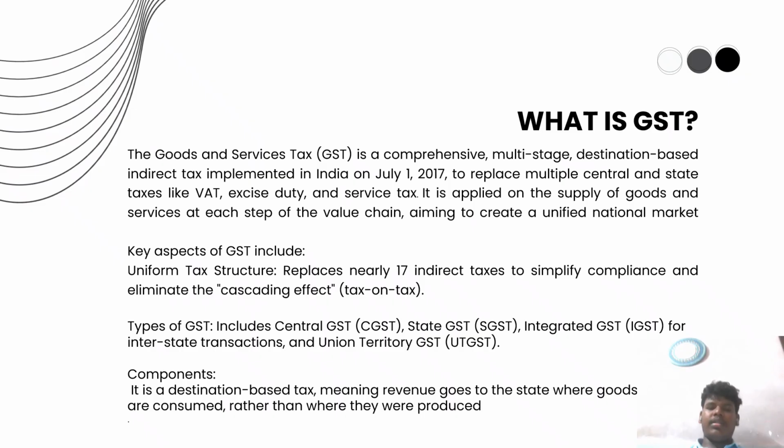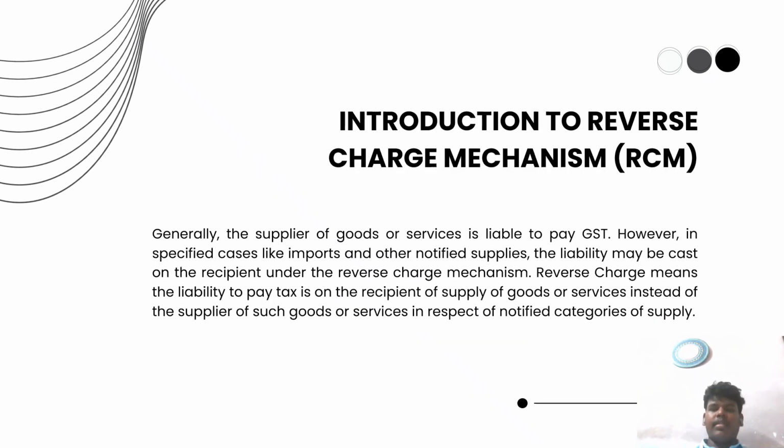It includes CGST, SGST, IGST for interstate transaction, and then UTGST. It is a destination based tax, meaning the revenue goes to the state where goods are consumed rather than where they were produced. Moving on, let's start with the introduction of reverse charge mechanism.